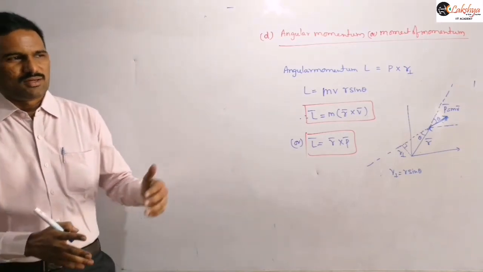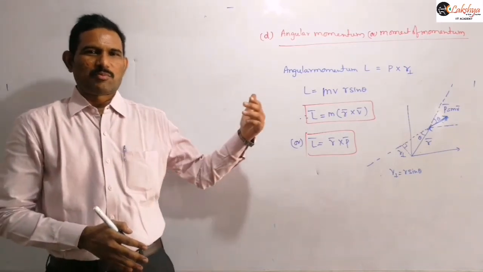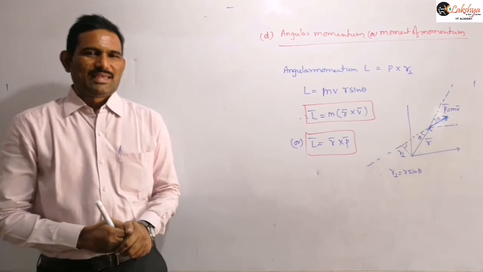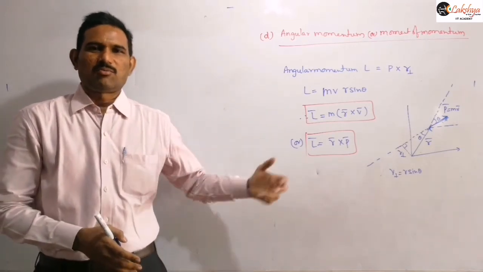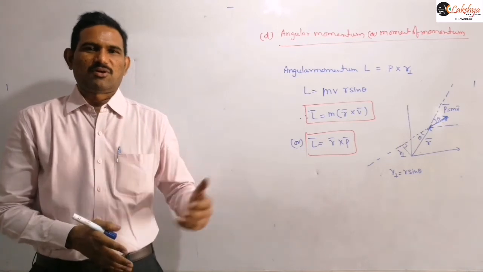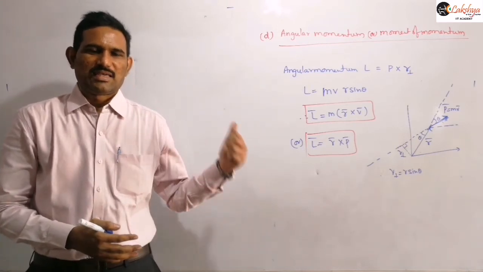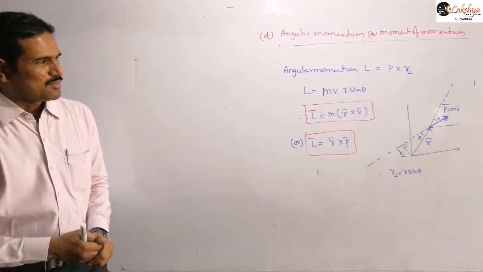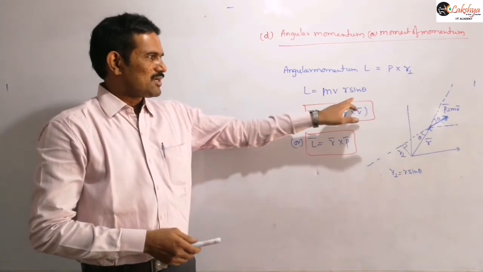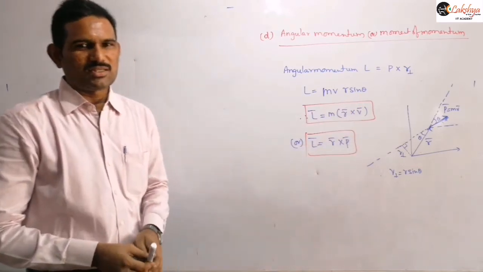You know, in circular motion, angular momentum will be equal to mvr. I think in Bohr's theory you learned about that: the angular momentum of an electron is written as mvr equal to nh by 2 pi, right? So theta will be 90 degrees in that case.